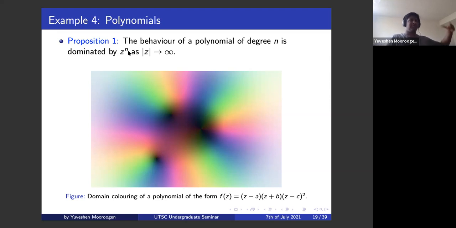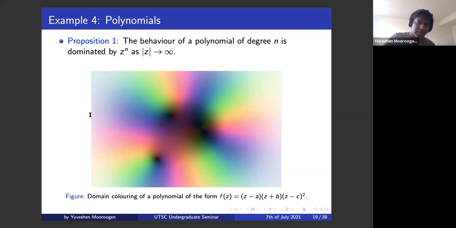So if z to the n is my highest degree term, I'll behave like z to the n away from the origin. If you look at this polynomial, what that means is that if I walk close to the edge of the picture, where I'm far from the origin, then I should be behaving like its highest degree term. So let's just look at it. I'm going pink, orange, yellow, green, blue, purple, pink, that's once.